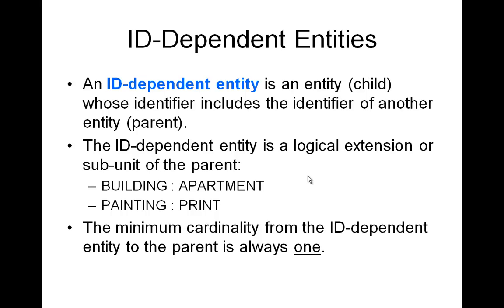So the print is considered as a child entity that's dependent on the parent painting. So painting and print are a child dependent. The minimum cardinality from the ID dependent entity to the parent is always 1.